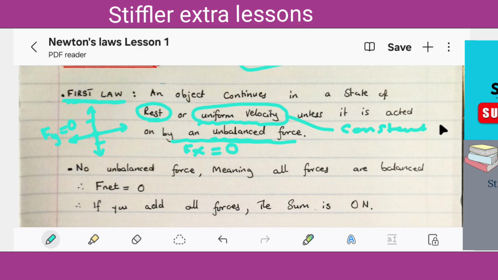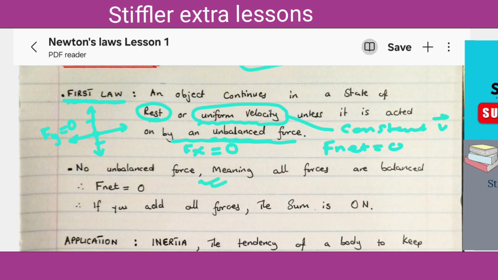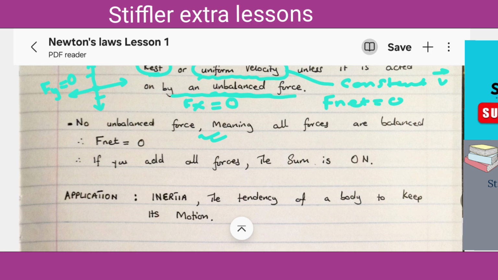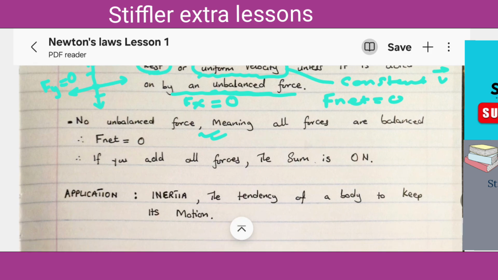Also on constant velocity, our F net is equal to 0. All the forces are balanced, right? If you add all the forces, you get the sum of 0 newtons, because all the forces are balanced. So they are balanced forces.